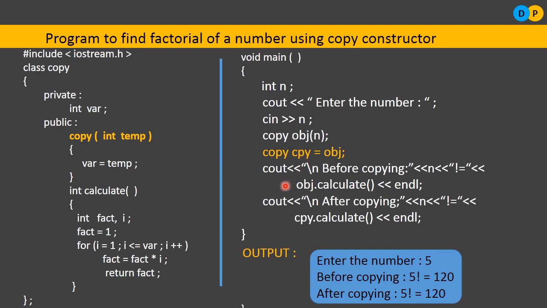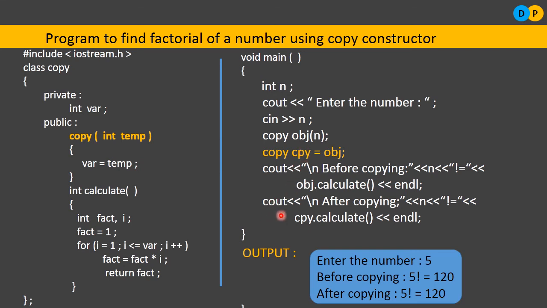Using cout we will check whether both the objects' values are the same or not. Before copying, n is equal to, what is the factorial value of n, we are checking. Using the object we call the calculate function. Since it returns the value, the answer will be displayed here. Later on we would like to know whether there is any change with the object CPY.